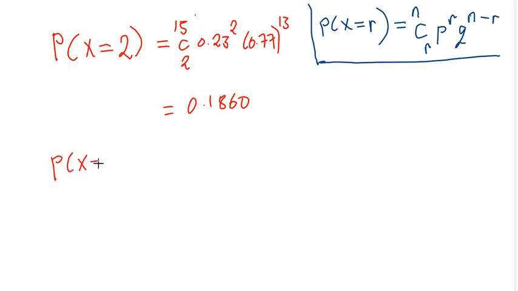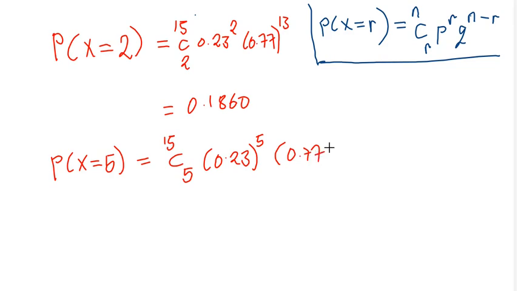The probability that 5 actually select public accounting will be the number of ways of choosing 5 from 15 multiplied by the probability for success, which will be 0.23, and then we raise this to the power 5, and we multiply this by the probability for failure.